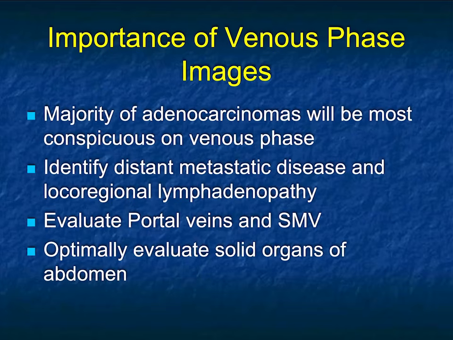It's also ideal for metastasis. It's typically easier to see liver mets on venous phase than arterial phase. It's also the phase for portal vein and SMV involvement, narrowing, thrombus or collateralization, and also gives us a look at the other organs besides the liver, the kidneys, the spleen, and everything else you would want to look at.